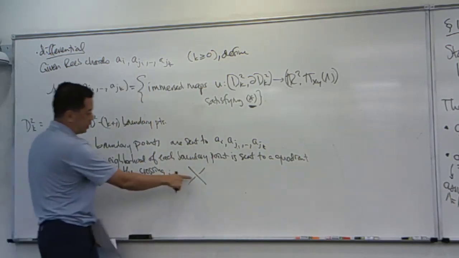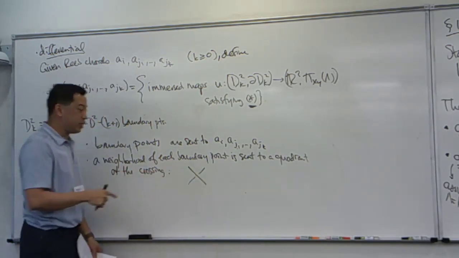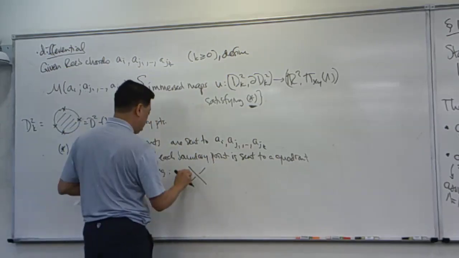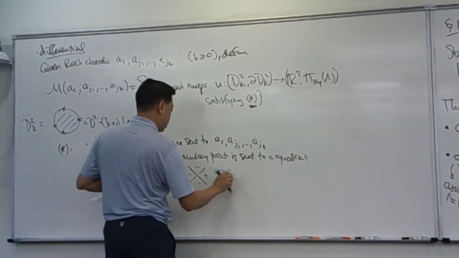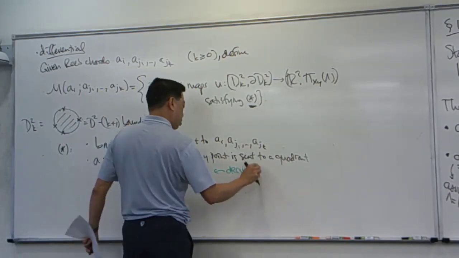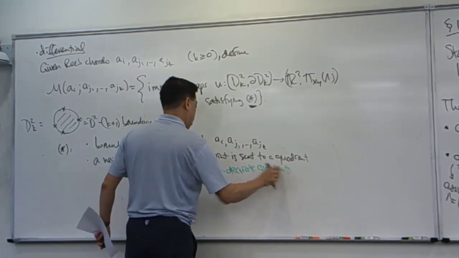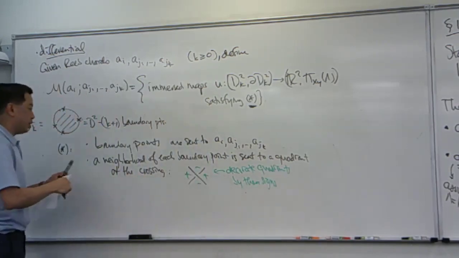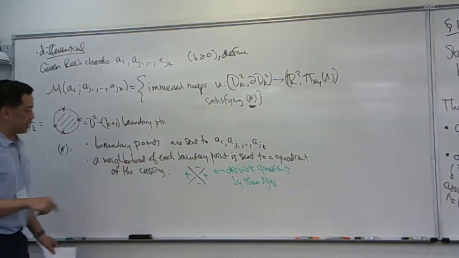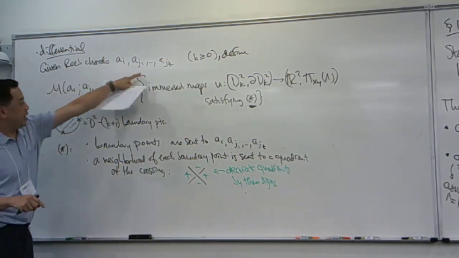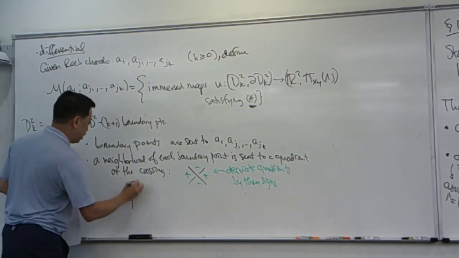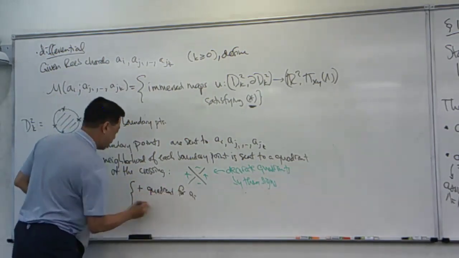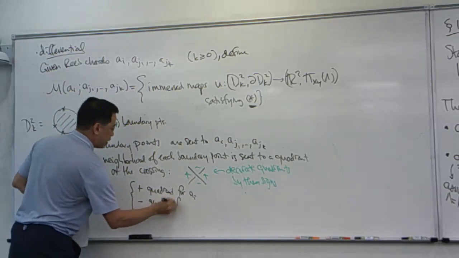At this crossing, there are 4 quadrants, 1, 2, 3, 4, and I'm going to decorate the quadrants with signs. Which quadrants a neighborhood of each boundary point gets sent to will depend on whether it's A_I or A_J1 through A_JK. So it needs to be a plus quadrant for A_I and a minus quadrant for the others.